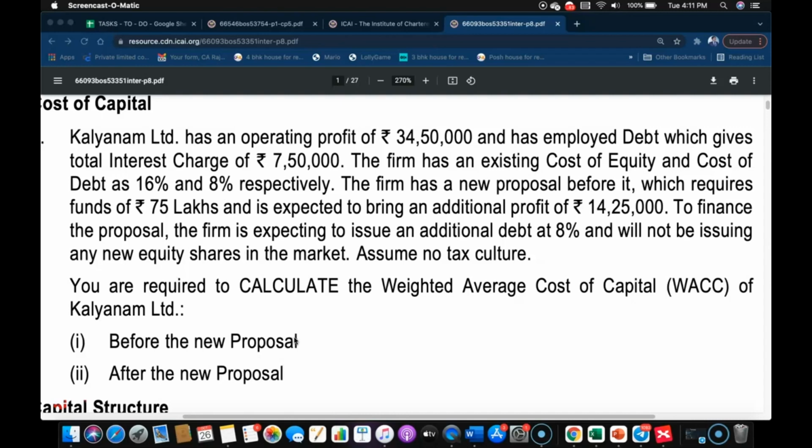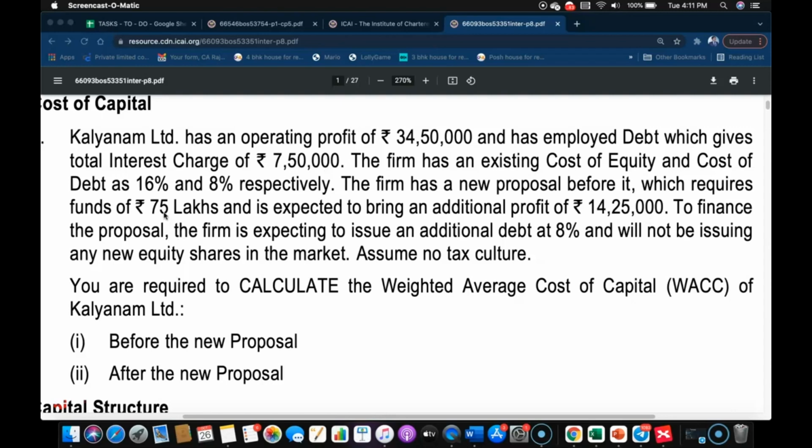After the new proposal, what is happening? They want to infuse 75 lakhs, that is 7.5 million, only through debt, and that will bring a profit of 14,25,000, that is 1.425 million. Already they have a profit of 34,50,000, that is 3.45 million, and this will get added. So this is the operating profit. From that, we have to deduct the old interest as well as the new interest.